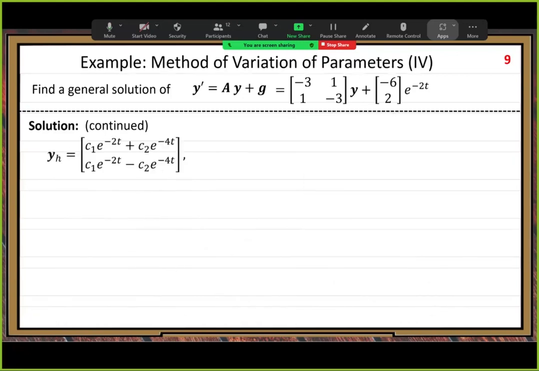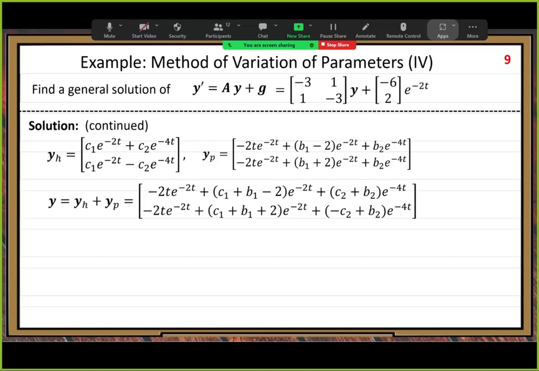We have the YH expression, this vector with C1, C2, and the YP expression with B1, B2. All these C1, C2, B1, B2 are arbitrary constants.